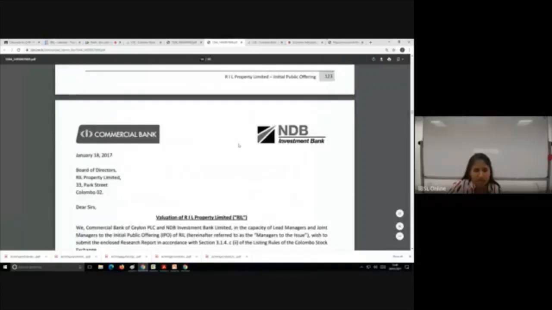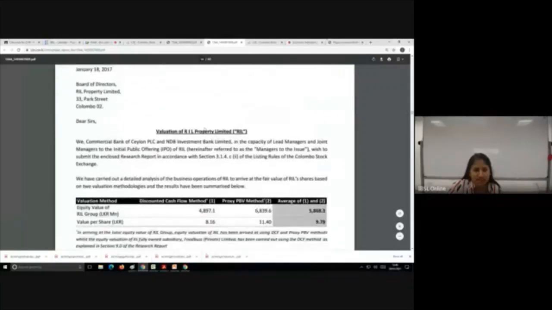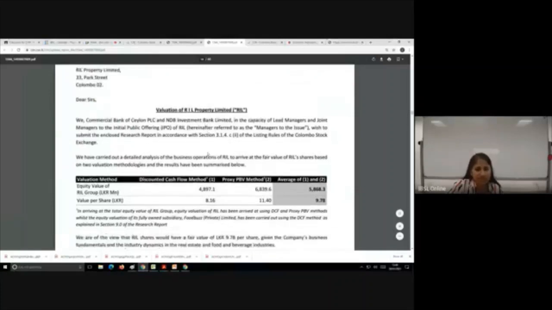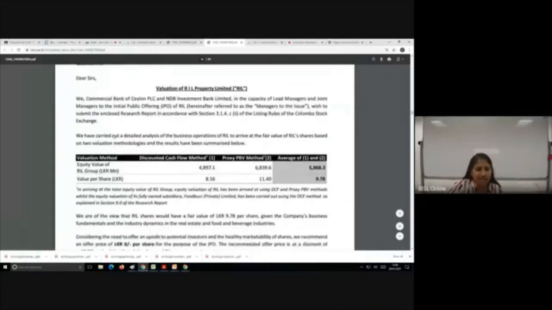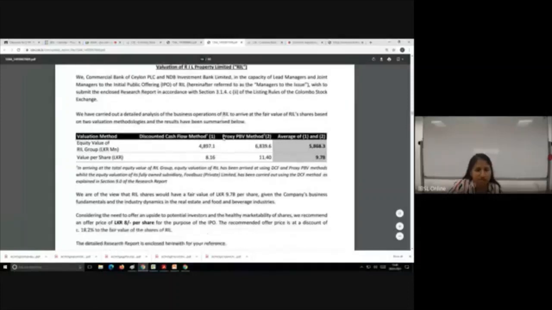You can see the valuation of both of these entities. So they are the ones who have determined the price. They have carried out a detailed analysis and used several valuation methods. Here they have covered 2 valuation methods, and on average of these 2 mechanisms, you end at a share price of 9.78.